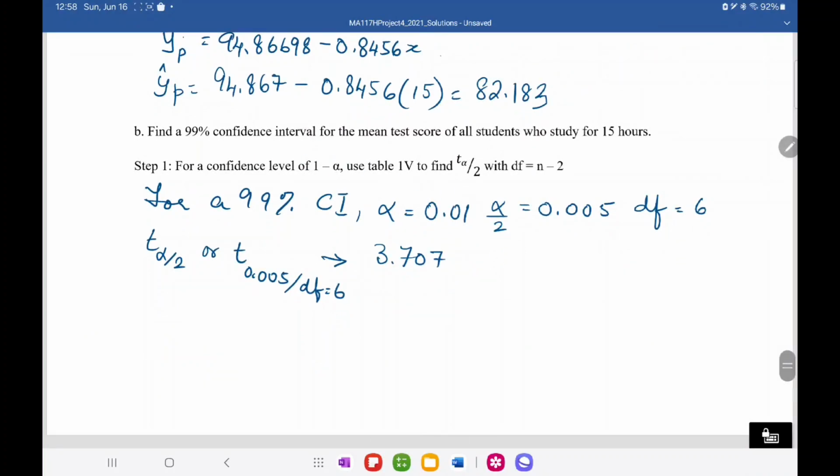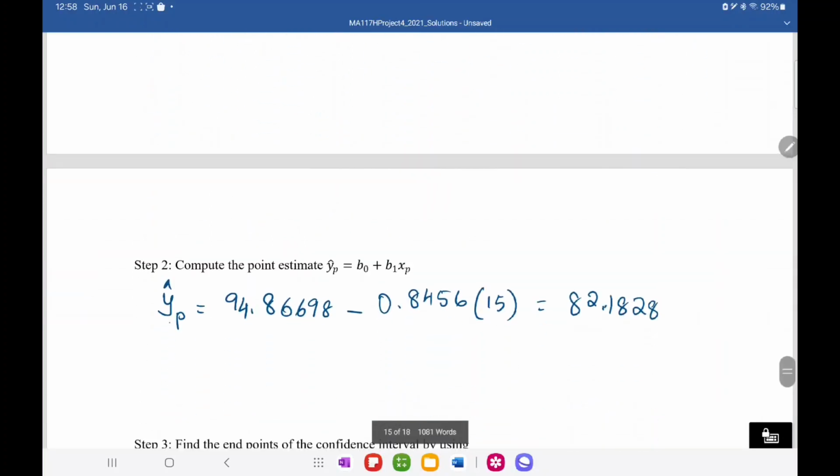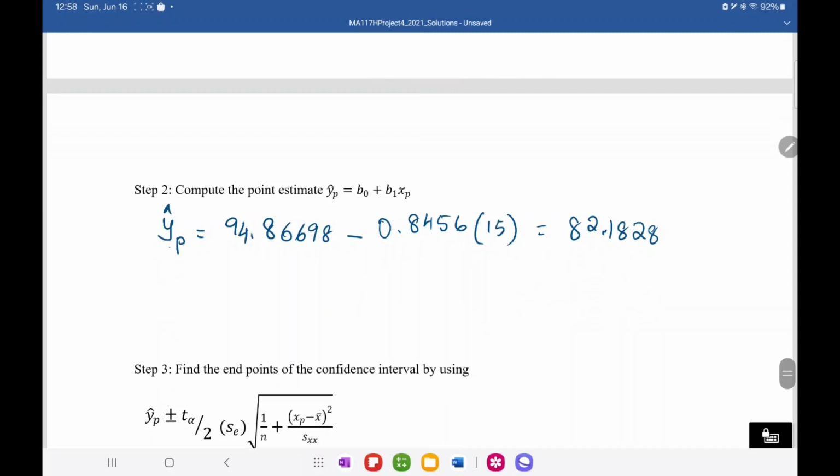So again, for a 99% CI, the alpha is 0.01, alpha by 2 therefore is 0.005. It's the same df of 6, so we have t of alpha by 2 is 3.707. All right, so we can reuse that information.